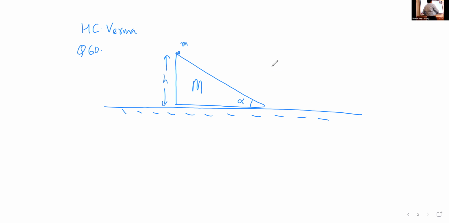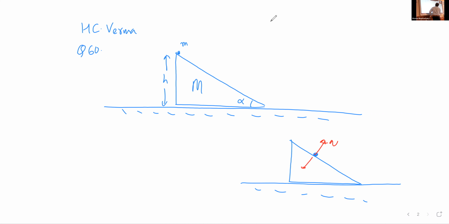Okay, so if you look at the interactive forces between them as the sliding is happening, as they are in the process of sliding, you can see that this is applying some kind of a normal reaction, and this is applying an equal and opposite normal reaction. The other forces are all the external forces, which I'll show with a different color: small mg, capital Mg, and some normal reaction from the ground.